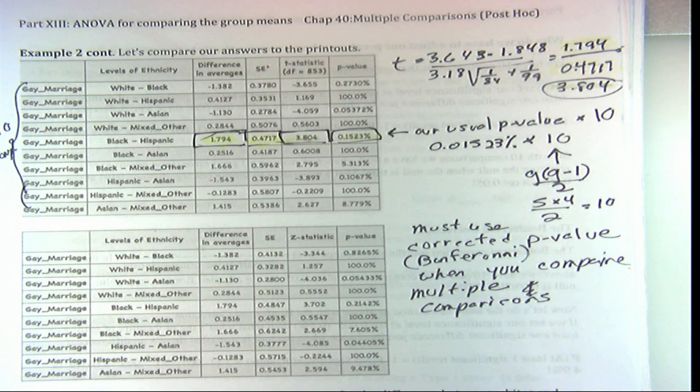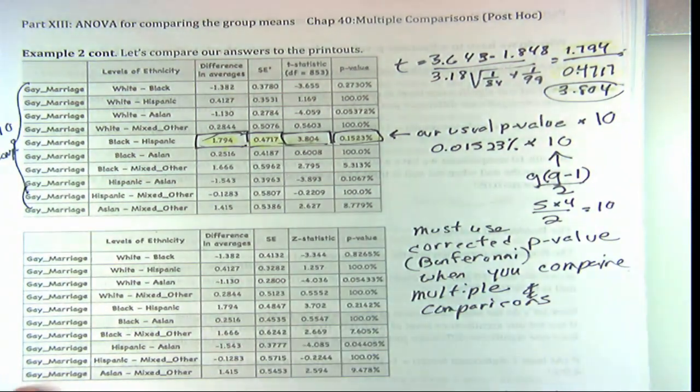So you can't cherry pick, look over the experiments, and say, hey, I found significant results, so I'm going to reject the null. That's cheating. To avoid that, you have to correct your p-value.